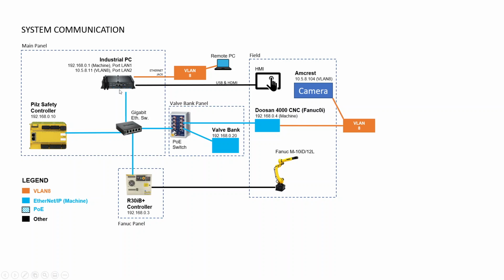And so we actually communicate with the camera over VLAN 8 for that. Otherwise, everything is communicating over this local machine network and typically as an Ethernet IP adapter.